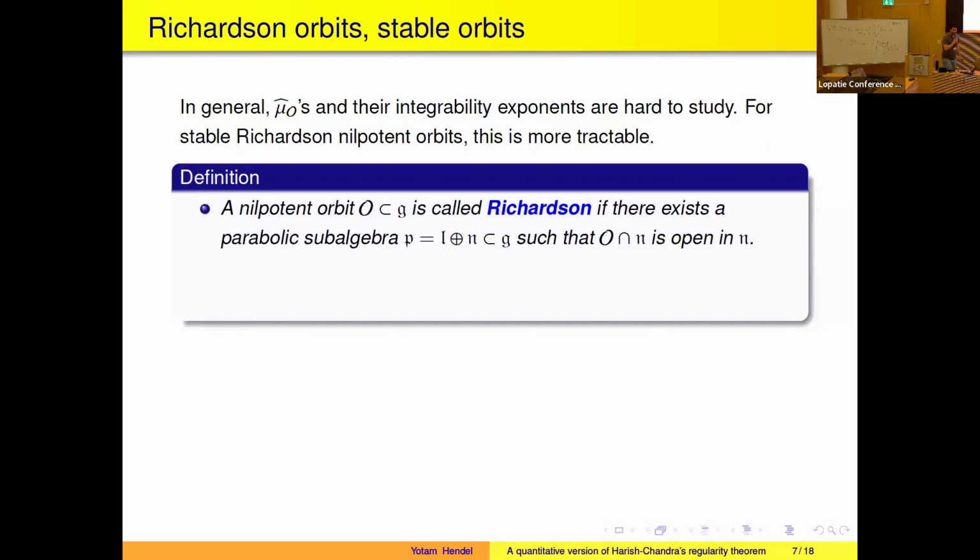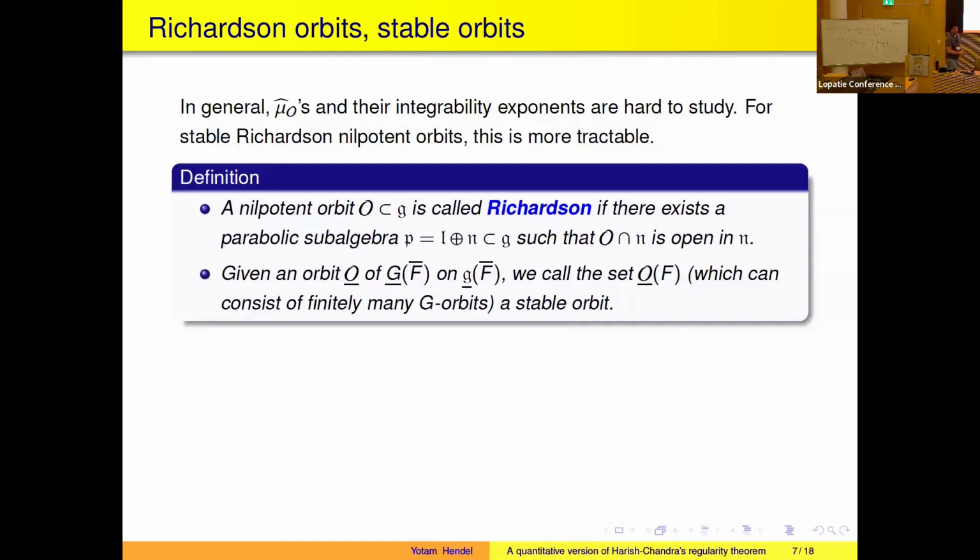And I say that an orbit is stable if it is just an orbit of the algebraic group G over F-bar on the F-bar points of the Lie algebra. Note that a stable orbit is not actually a G orbit, it is a union of finitely many G orbits. And when I consider the nilpotent orbital integral associated to a stable orbit, I just consider the sum of the corresponding nilpotent orbital integrals.